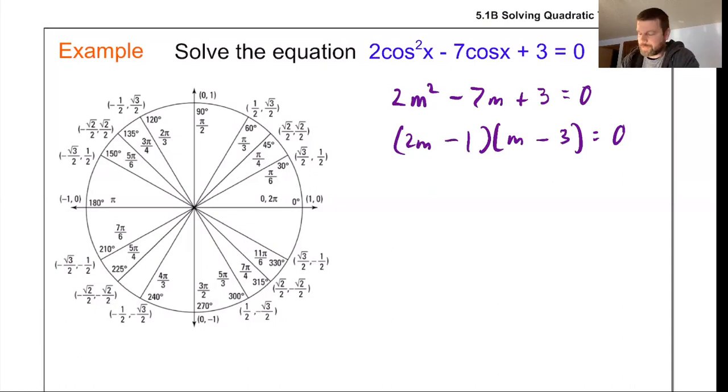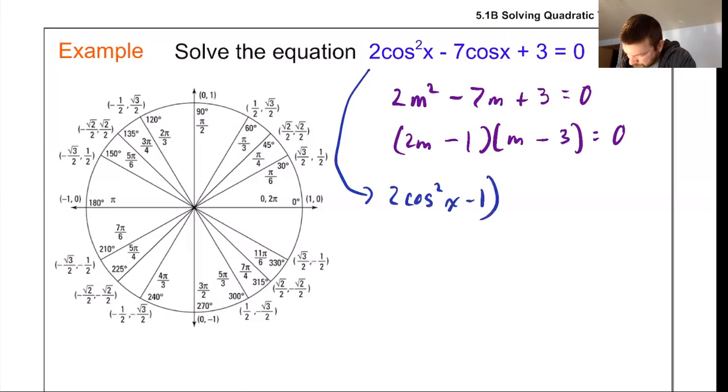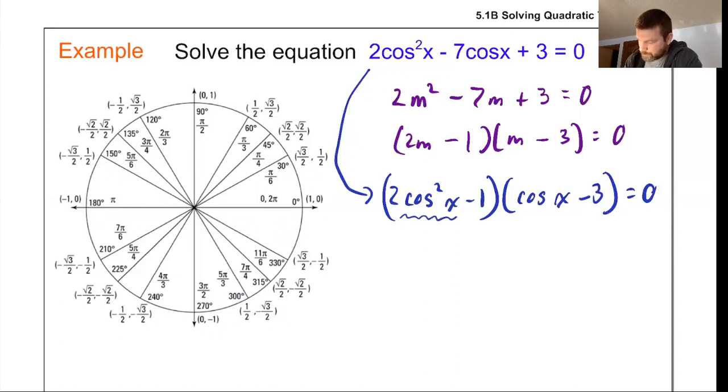All right, if that's how it factors with an m, when you factor it with a cosine, it's going to factor in the exact same way. Just instead of a 2m, it's going to be 2 cosine. And instead of m, it's going to be cosine. Oops, that should have been just a cosine, not cosine squared. There you go.